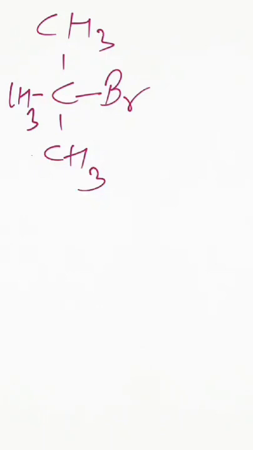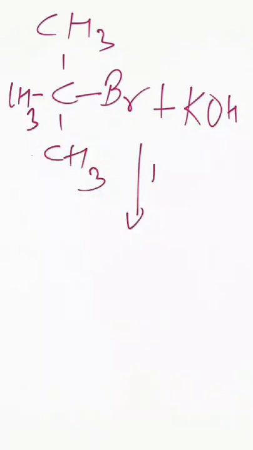So when this tert-butyl bromide undergoes dehydrohalogenation, what we have to do? We have to make a reaction between the tert-butyl bromide and a strong base, that is alcoholic KOH. So I have to react this substrate with alcoholic KOH.